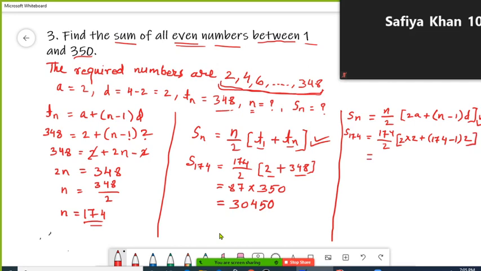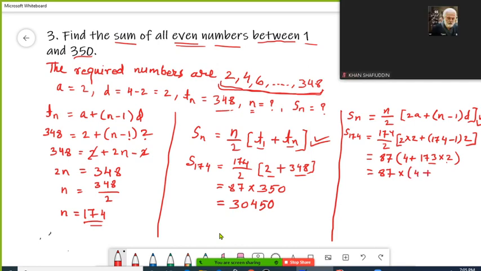So 174 divided by 2 is 87. Here 2 twos are 4 plus 174 minus 1, 173, into 2, like this. So it is 87 into bracket 173 twos are 346.